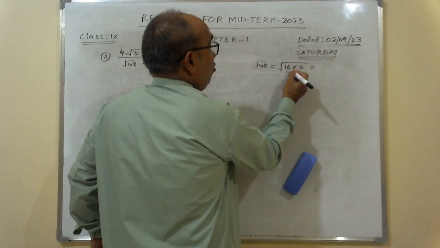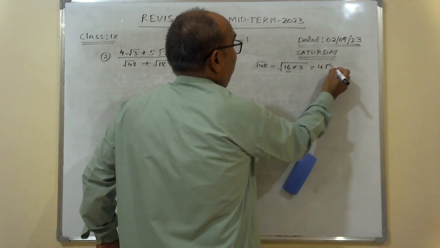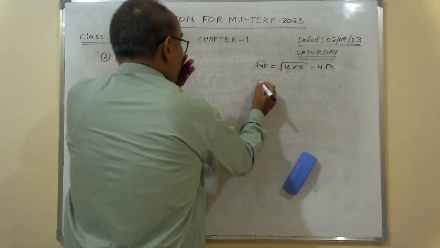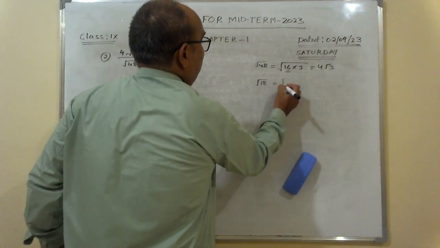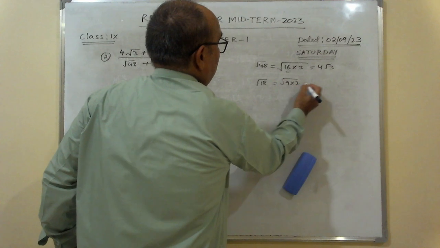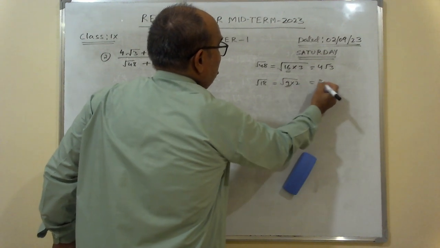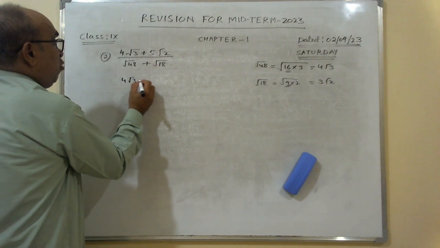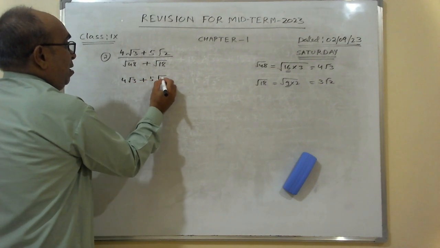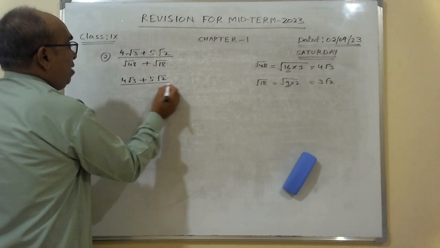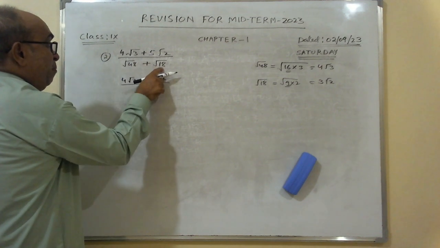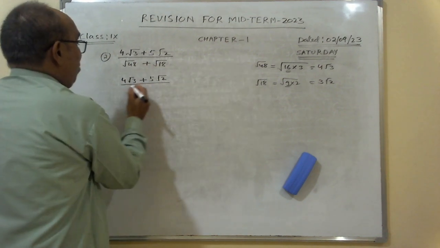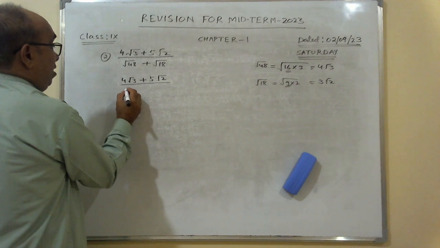We know the square root of 16 is 4, so 4 root 3. Similarly, 18 can be written as 9 into 2. The square root of 9 is 3, so it is 3 root 2. So the first thing to do: if the number inside the square root is not a prime number, simplify like this, then you rationalize.